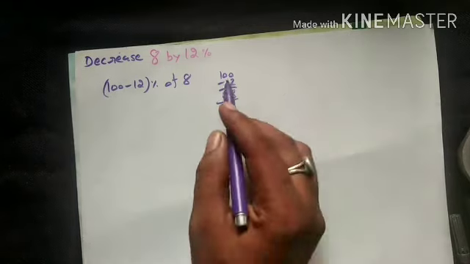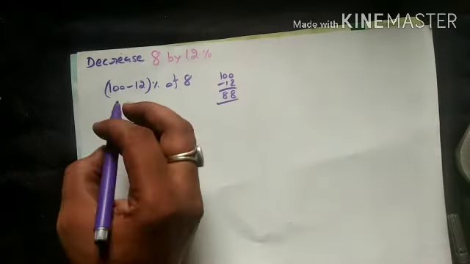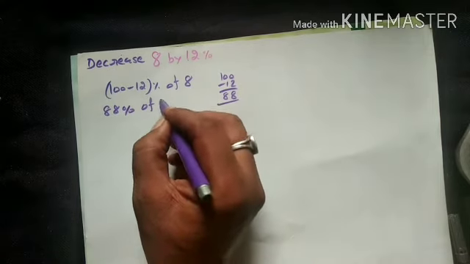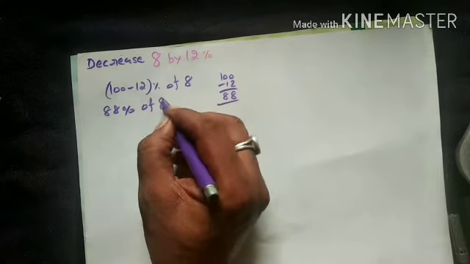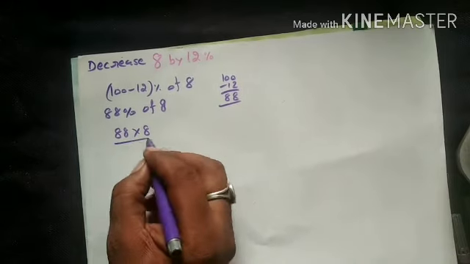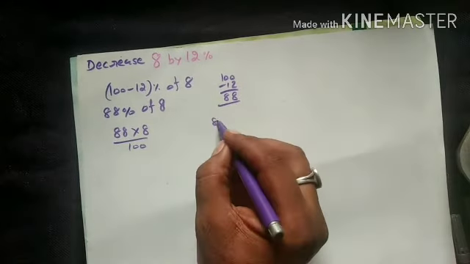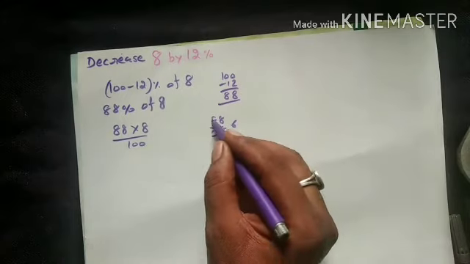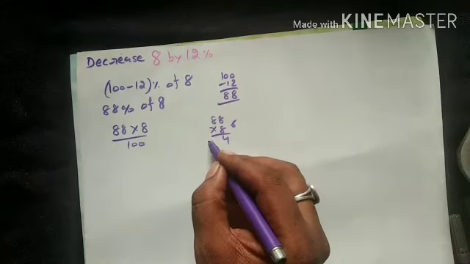Now 100 minus 12, that is 88. So we have to find 88% of 8. Okay, so 88 multiplied by 8 over 100. Now multiply 88 by 8. 8 8s are 64, 8 8s are 64 plus 6, that is 70.